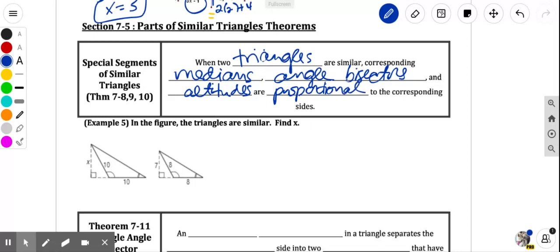Okay, so if you have similar triangles, medians, angle bisectors, and altitudes are proportional to the sides. So basically, you would probably be able to figure this example out on your own.